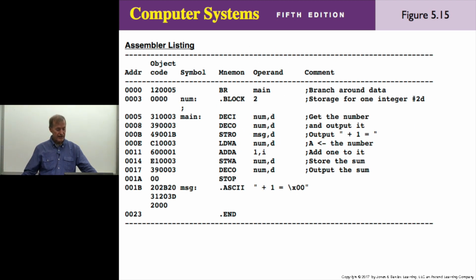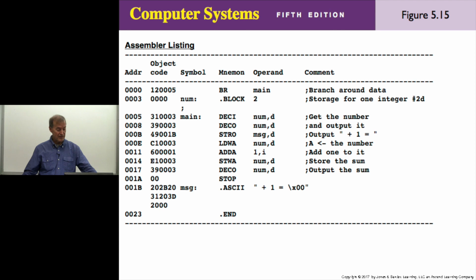This figure 5.15 has an assembly language listing with symbols in it. And you see there are 1, 2, 3, 4, 5, 6 columns. There's the address column, the object code column, the symbol column, the mnemonic column, the operand column, and the comments.